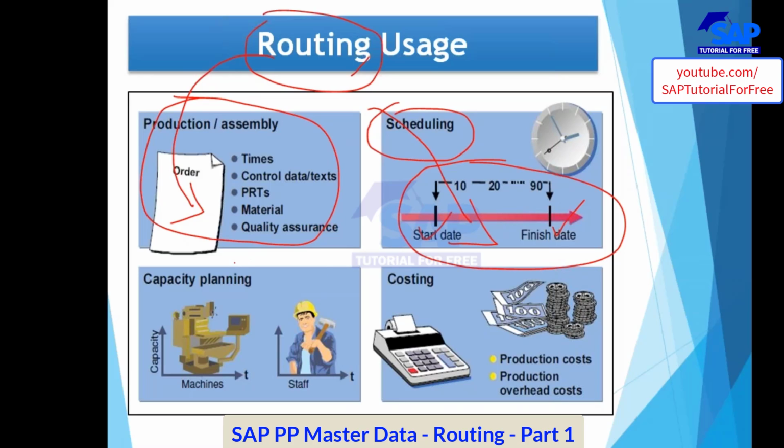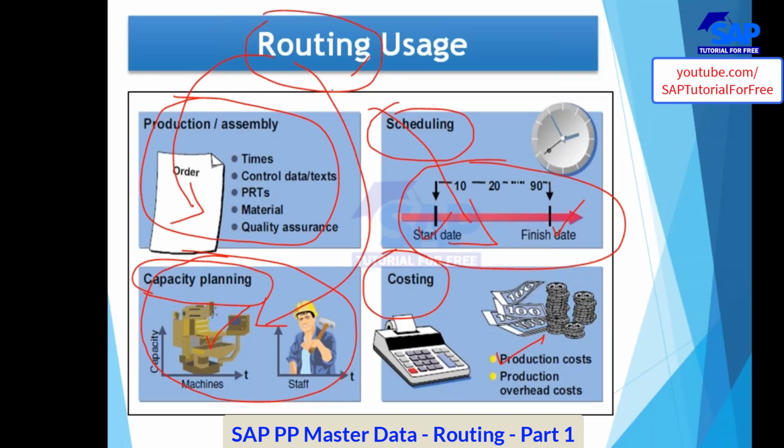Again, the routing data will be used in capacity planning. When we go to the capacity planning topic, I'll explain it in detail. Other data maintained in the routing will be used in costing to calculate your production cost, your planned cost and your actual production cost.